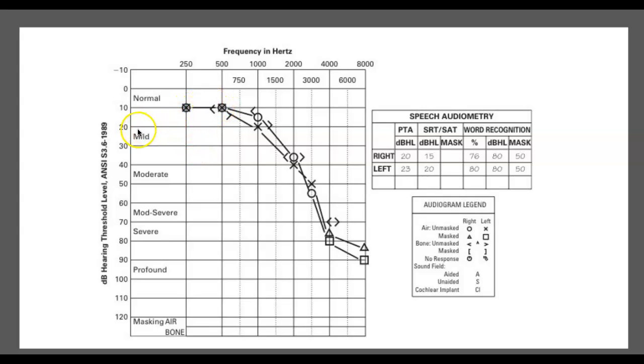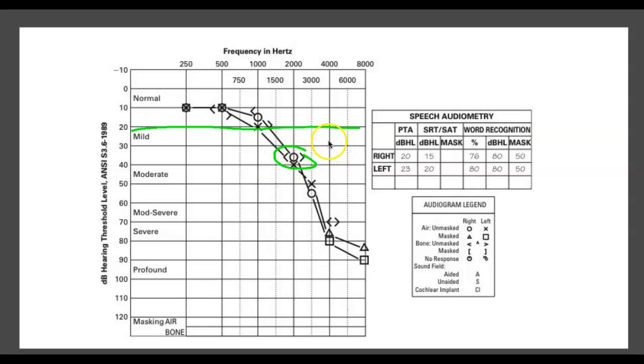Here you have thresholds that are all normal. Let me go through this here. So 20 dB is essentially the normal range. So 250, 500, 1000 hertz are all within that normal hearing range. And then 2000, 3000, 4000, 6000, 8000 are all within the hearing impaired range. And so if you were to look at the air conduction versus bone conduction, you don't see any air bone gaps, right? So here you have your air conduction scores, your bone conduction scores.